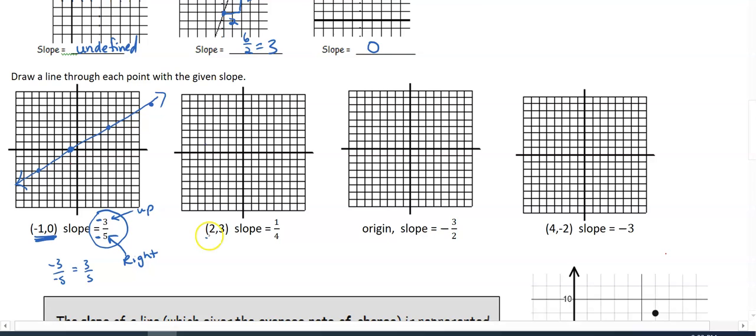2, 3 is a location. X is 2, Y is 3. That is a location on my graph. That is not slope. Slope tells me how to get to other points on a particular line with that constant rate of change. It means to go up 1 over 4. That means, for example, after 4 seconds, the increase in height of my water in my container is 1, right?